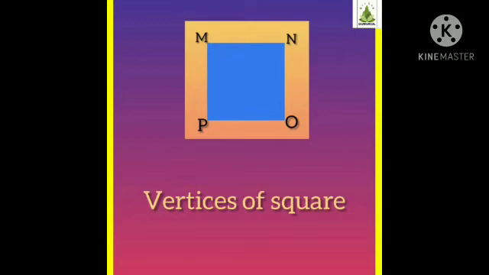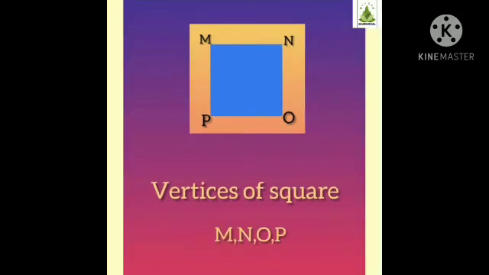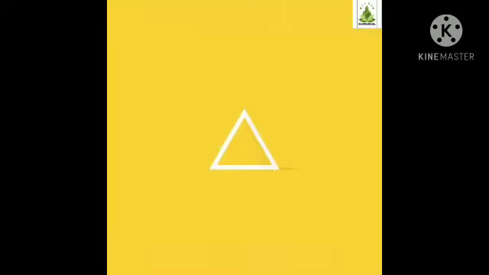Square MNOP vertices are vertex M, vertex N, vertex O, vertex P. Remember, all sides of a square are of equal length. Its corners form right angles.